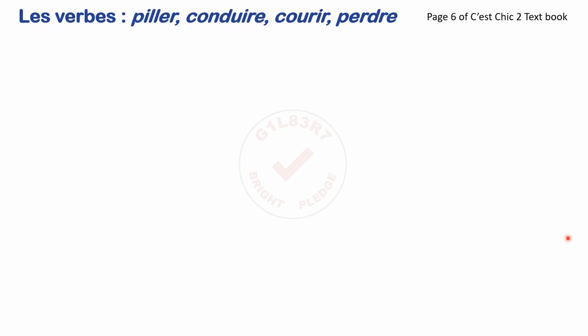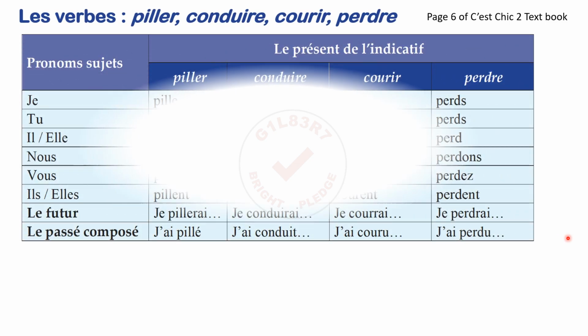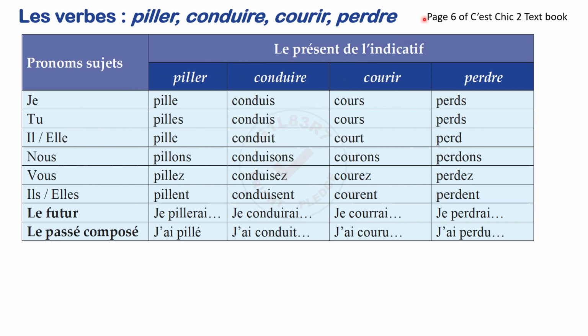All right. So this is there in your textbook on page number 6. First they have given you the present tense conjugation. So here you have the subject pronoun, sujet, followed by the conjugation of the above 4 verbs.